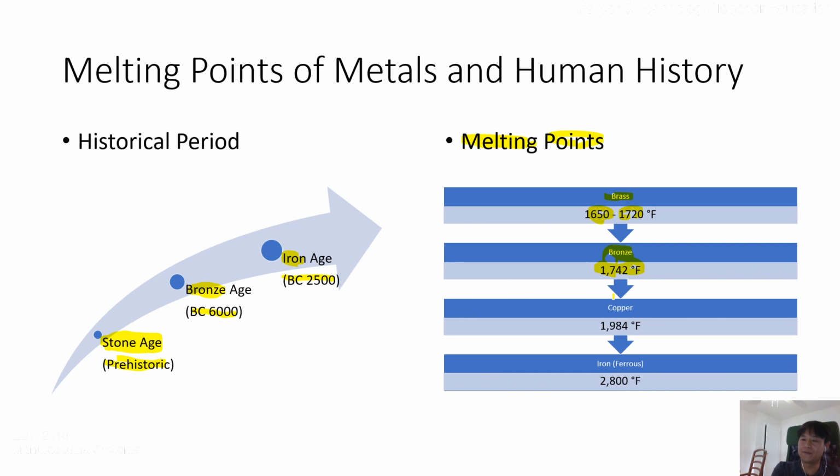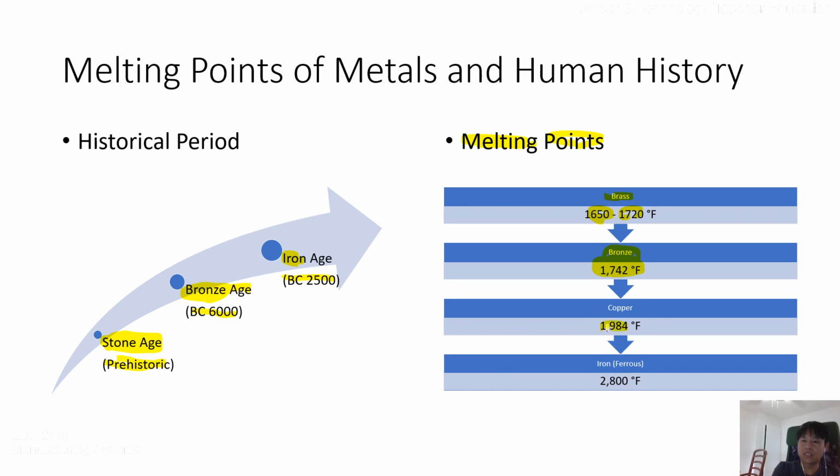That changed their life. Before the Bronze Age, people could only make tools and weapons using stone, right? Cutting and honing were the only skills they used to convert the product. But at this time, they were able to make bronze products, like bronze weapons, bronze cookware, anything, because of the melting point.